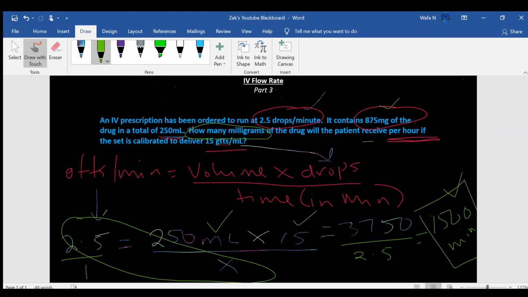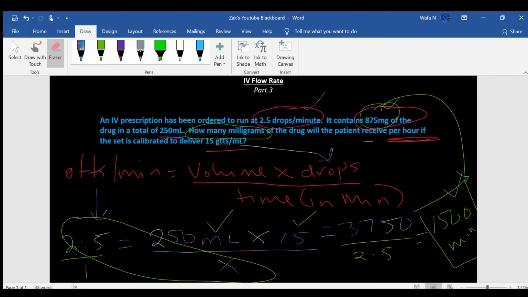But that is the time based off of this dose. This here is based off of 1,500. But if we go back to the question, it says how many milligrams of the drug per hour.